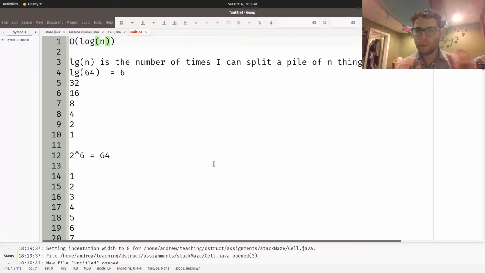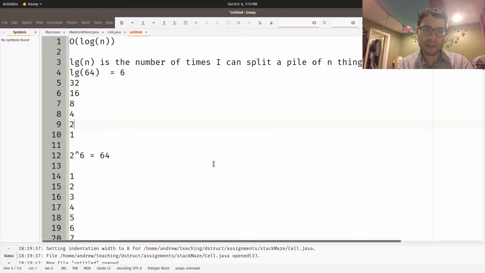I go from 100 items to 50 items to 25 and so on and so forth until I get to my answer. So log base 2 of n is a time complexity where each step I take splits everything into halves.